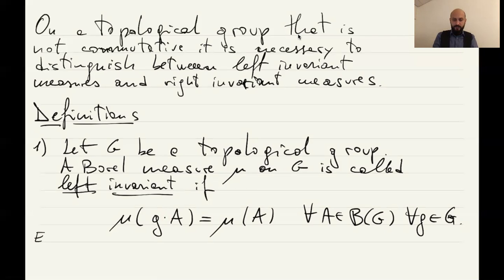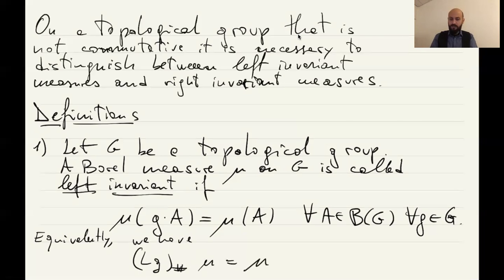Equivalently, we can write that the push forward measure of mu by L_g is the same measure mu. Pay attention that when you push forward, you have to take the inverse map, but it's the same: if this is true for g, then it's true also for the inverse, because every element is an inverse of its inverse.